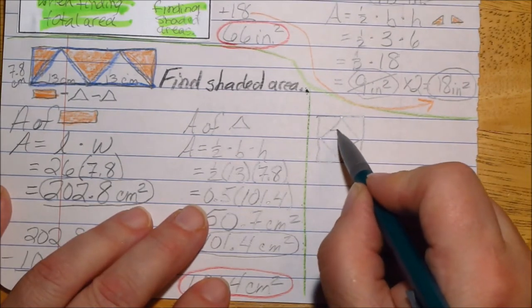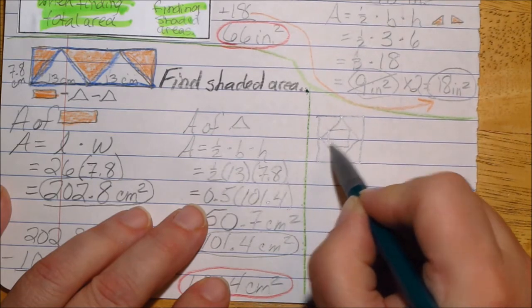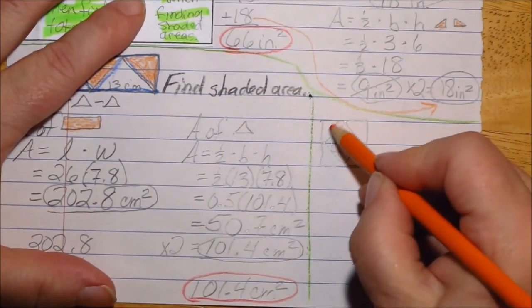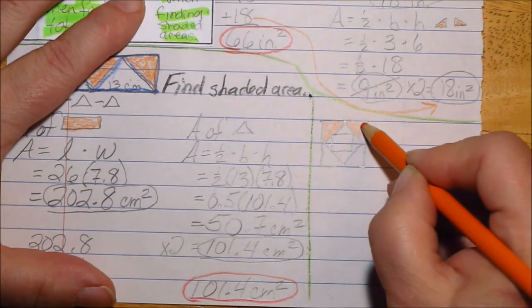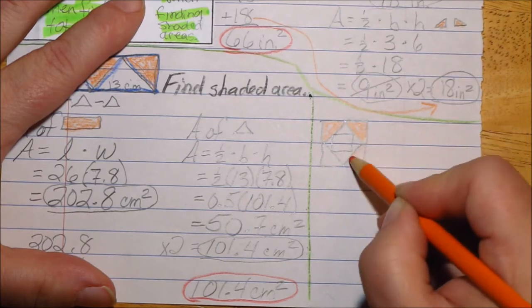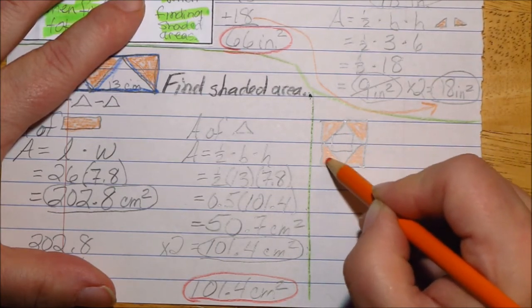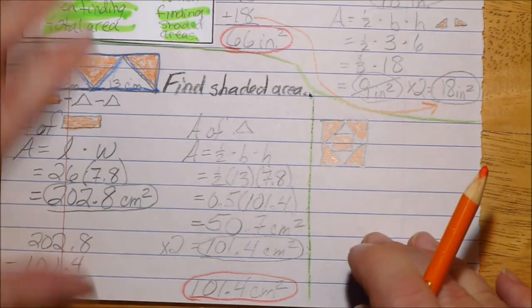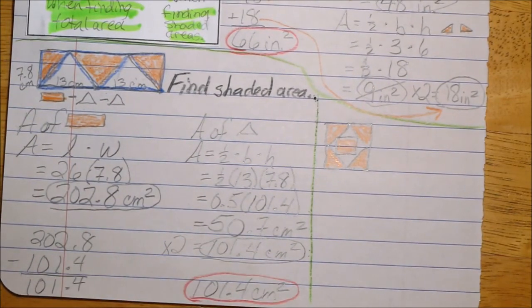And inside that, I have another square back the other direction. And the parts that are shaded are this outside part and the very center square. We're not going to actually find it. I just want to show you the thinking process.